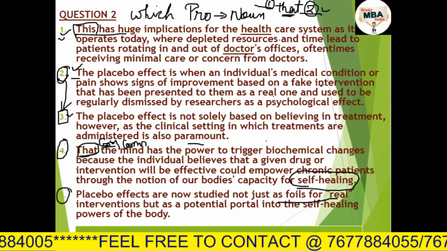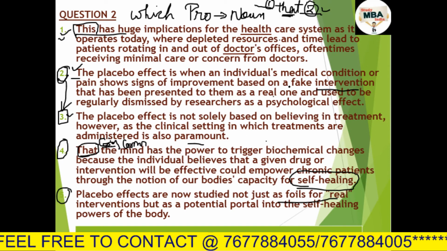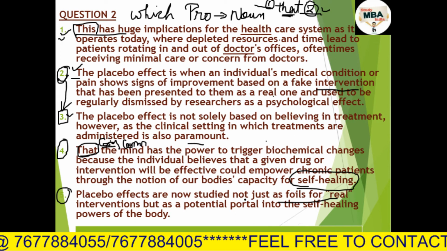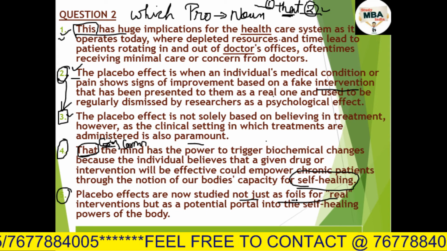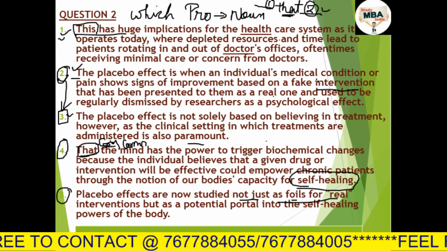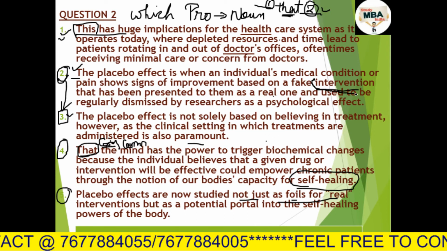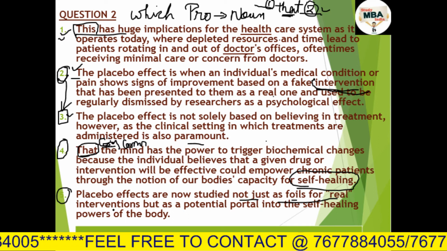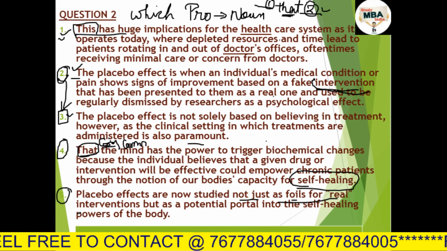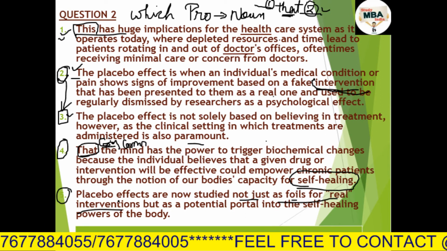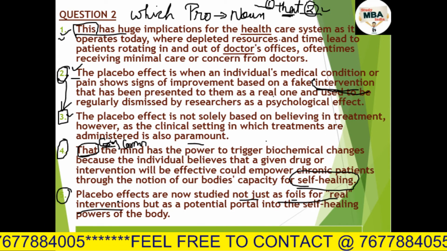Here it is written studied not just as foils for real intervention, meaning fake interventions. We must correlate these words: intervention here and intervention there. It means in the second sentence it is being said that it is just like a fake intervention.